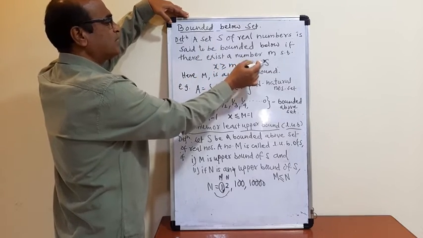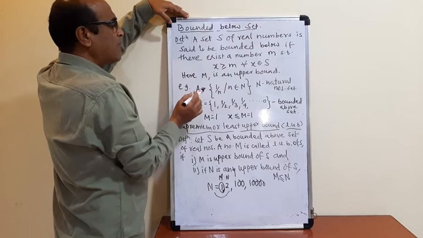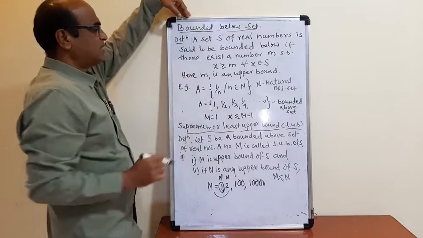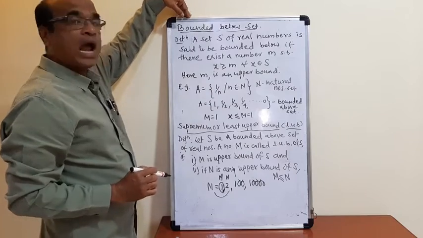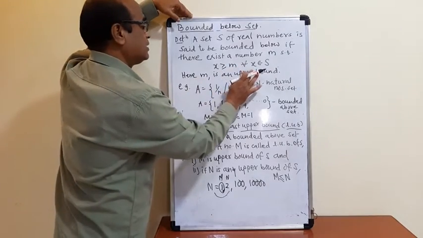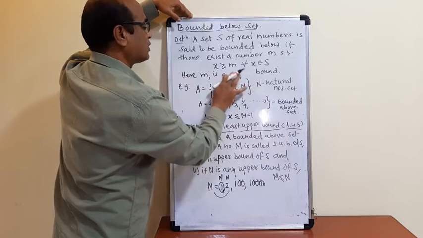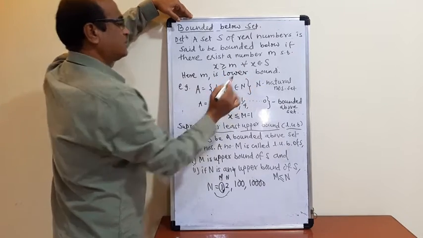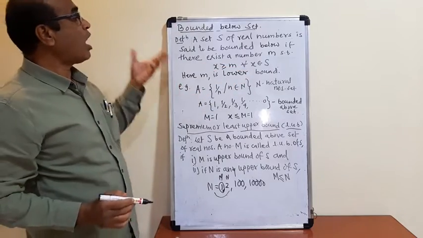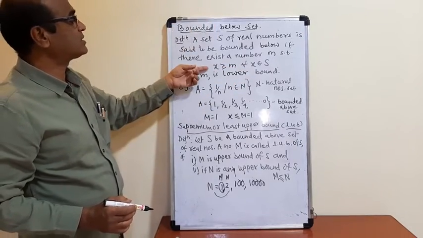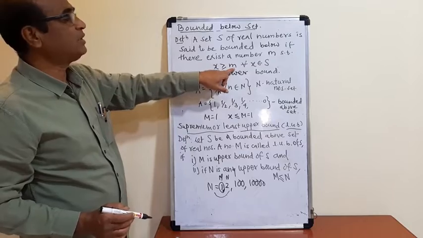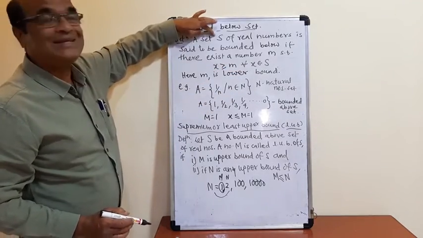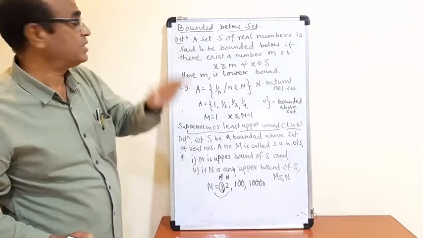All the numbers of that set are greater than or equal to m. Then m is said to be a lower bound, and the set is called a bounded below set.